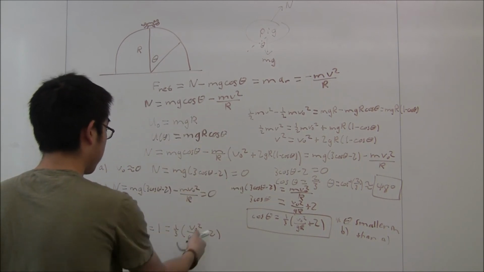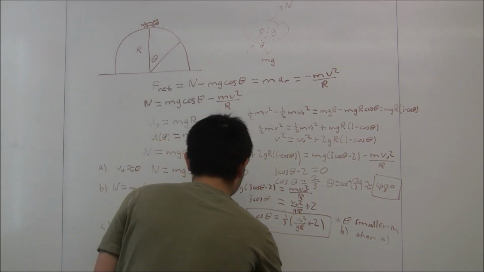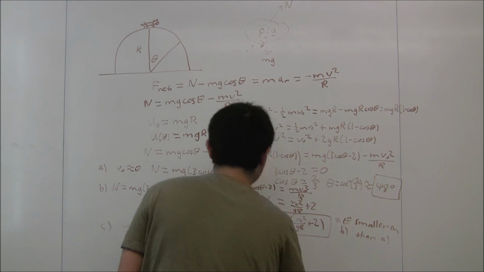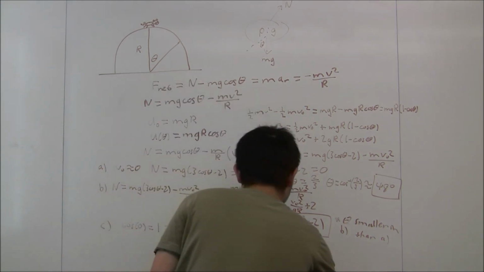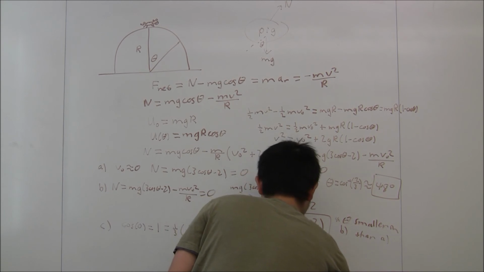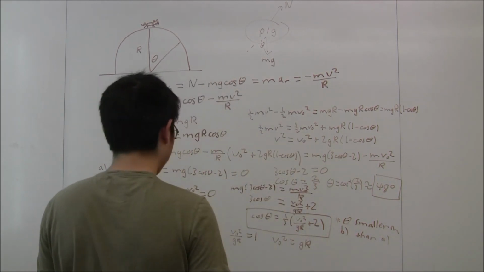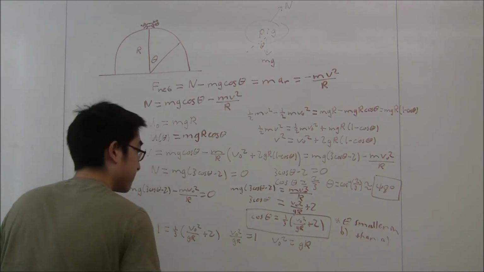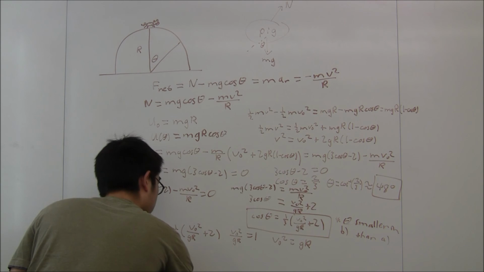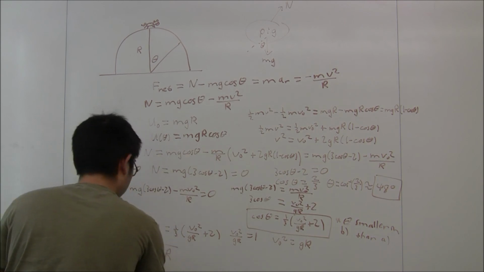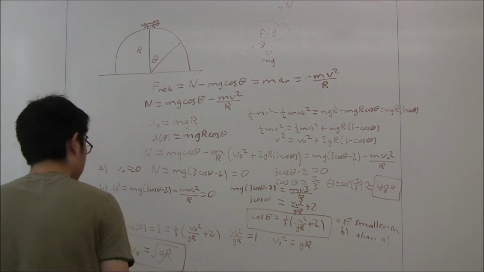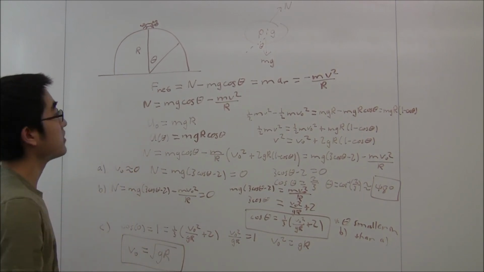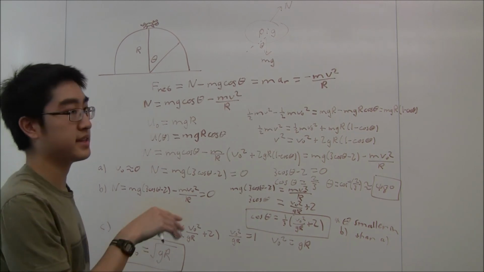Now, if you multiply by 3 and bring the 2 over, we have v0 squared over gr is equal to 1. So v0 squared is equal to gr, which means that v0 is equal to the square root of gr. So when v0 is the square root of gr, that's the minimum speed for which the pig will immediately fly off the dome.